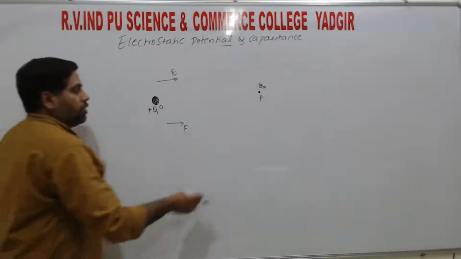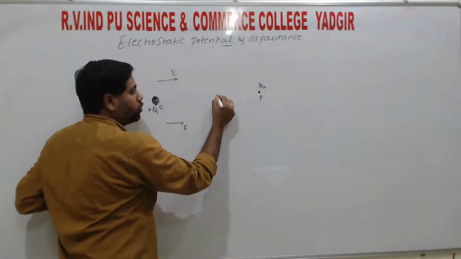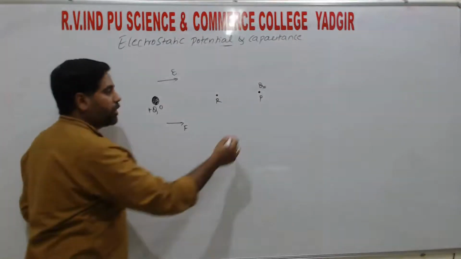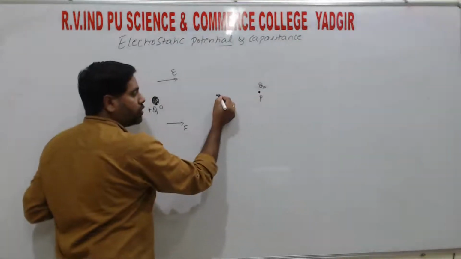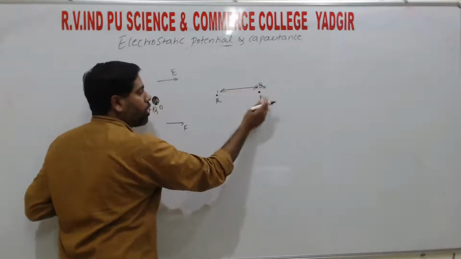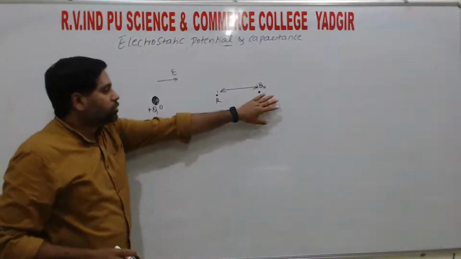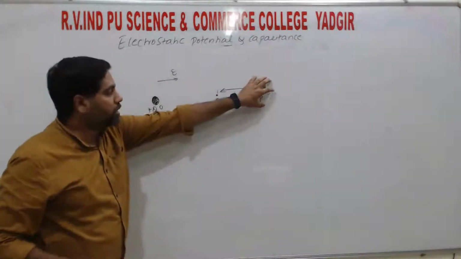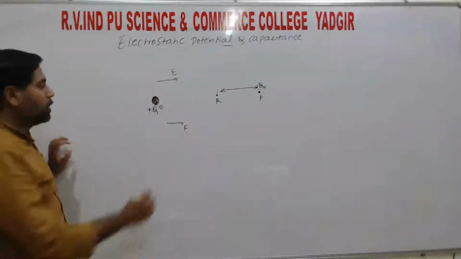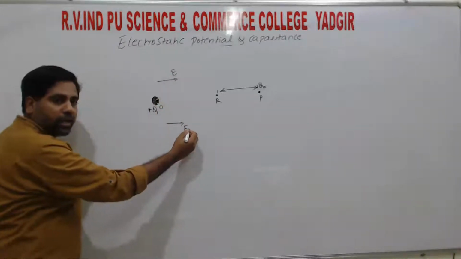So next, we are bringing the charge from point P to somewhere here at the point R, right? So this becomes the displacement. We are going to bring this charge from P to R. Here we have the charge Q, right? This charge Q has the electric field E and the force F, right?